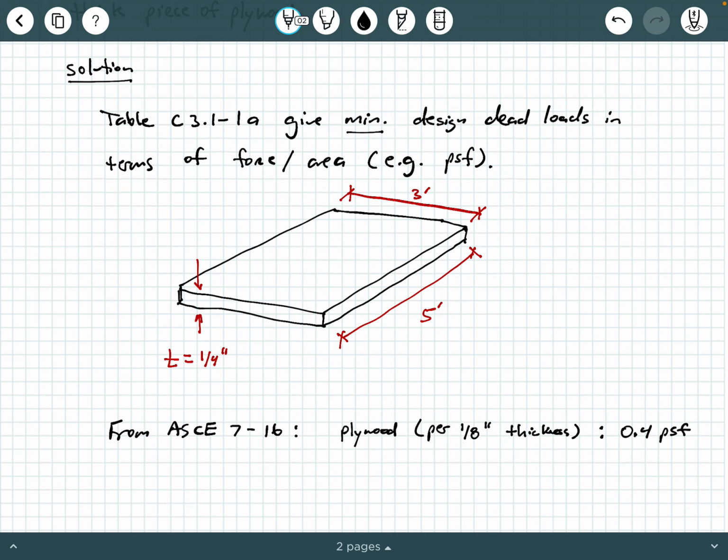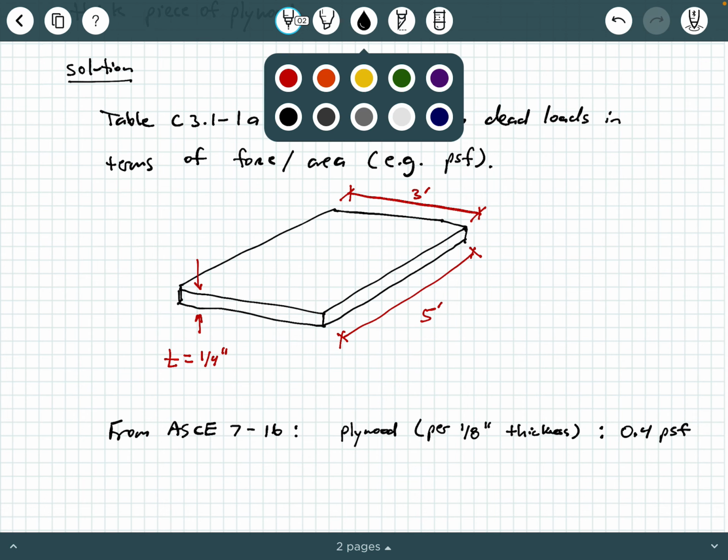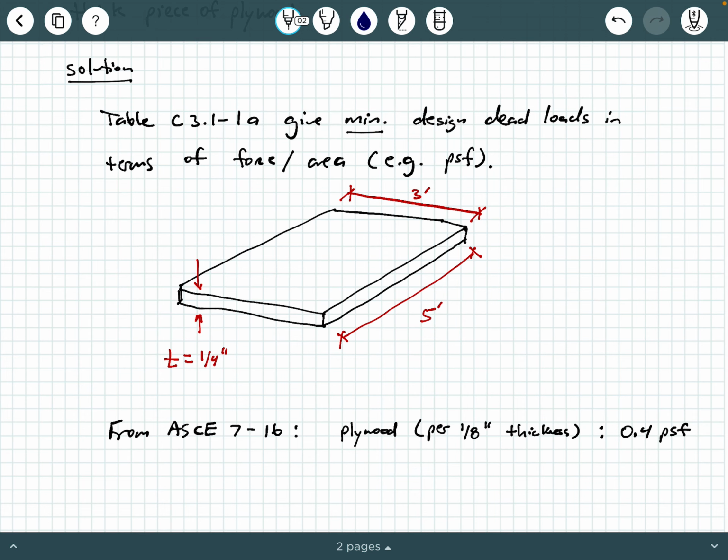So this piece of plywood that we've drawn out, every square foot of it has its own weight of 0.4 PSF.